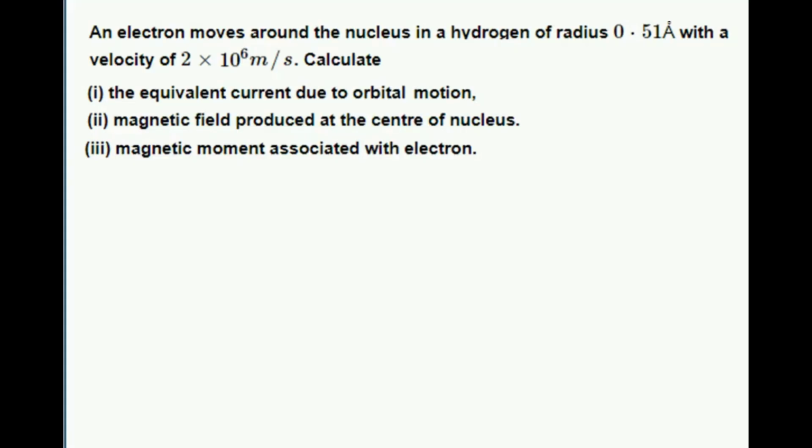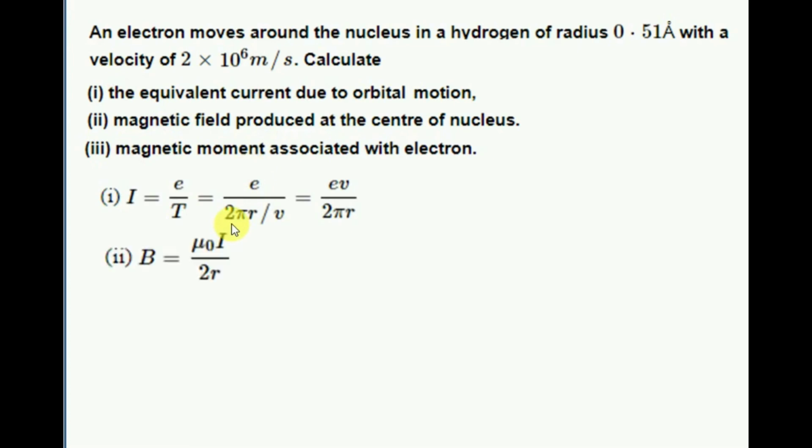Now you can try these questions. It says a hydrogen atom has a radius of 5.1 angstrom. Angstrom means 10 to the power minus 10 meter, and velocity is given as 2 into 10 to the power 6 meter per second. You have to calculate the current, magnetic field, and the magnetic dipole moment. For current you can use this formula.